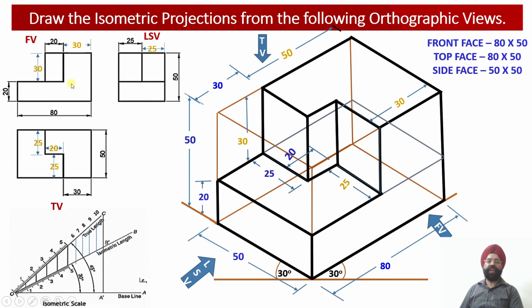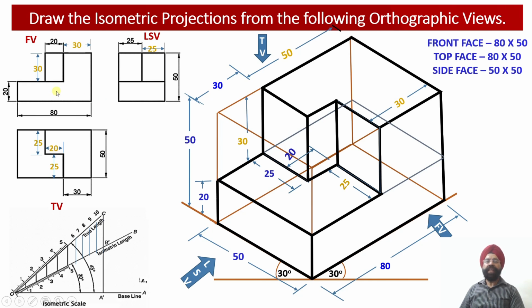Once the information regarding the orthographic projections was available to us, we have seen that you can simplify this construction when you divide this solid into multiple elements, so that we draw the construction of each element one by one. You cannot start with the overall construction of the solid straight away into the isometric projection.